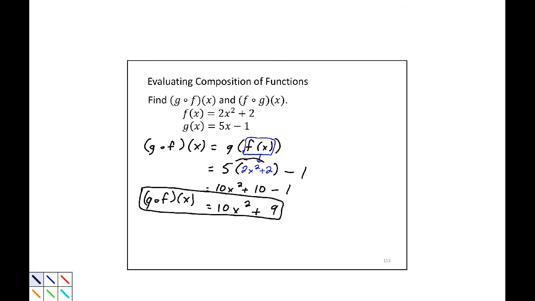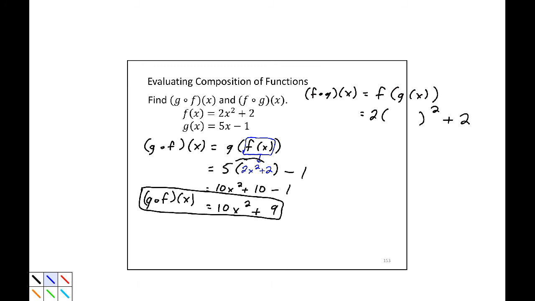Now, the next thing we're asked to find is f of g of x. Let's put that over here. F of g of x would be f parentheses g of x, close parentheses. Again, I'm going to take f of x. F of x is 2 times something squared plus 2.